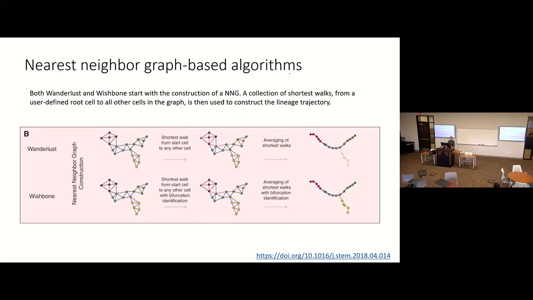Another algorithm is also graph-based. This is used in these two methods, Wishbone and Wanderlust. These two methods will build a nearest neighbor graph. Basically, it builds a network. This network is not fully connected. For example, there's no link between this and that.